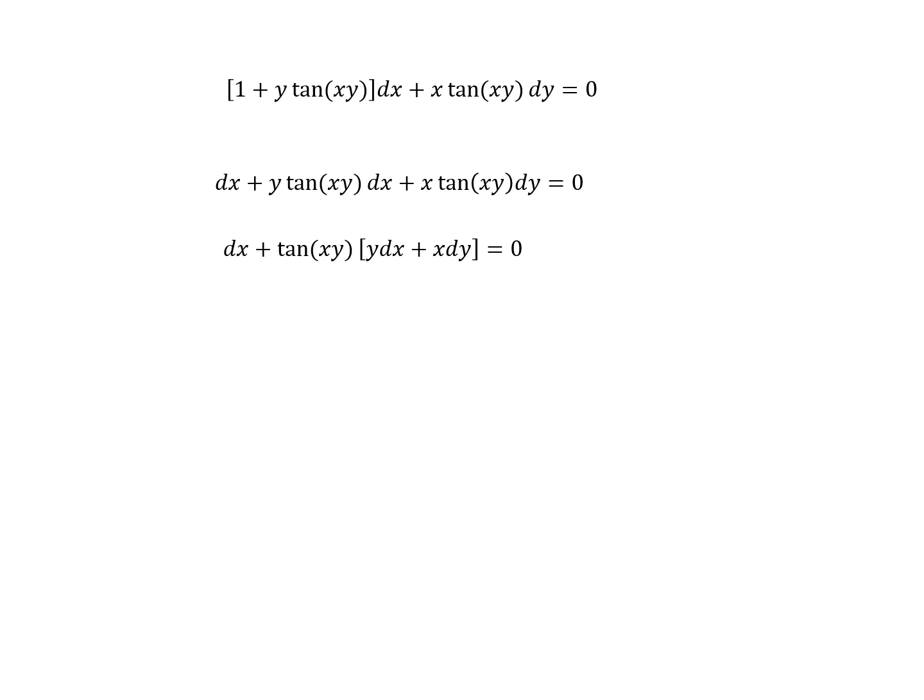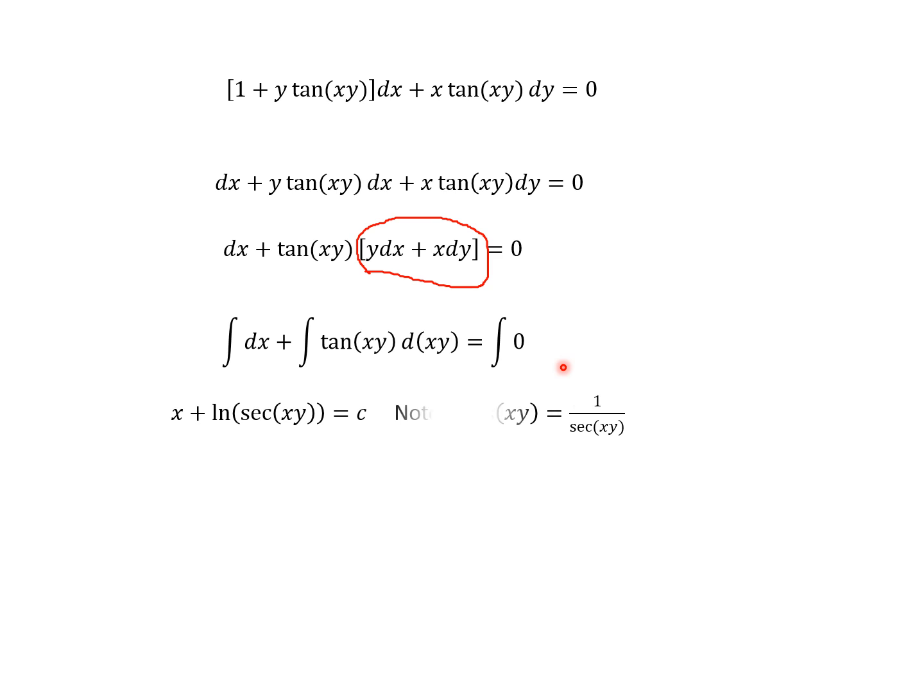Obviously, already there is a common derivative there. So you can replace that by the derivative of xy, and then finally integrating both sides, the integral is x plus ln of secant xy, this is just the integral of tan u du, equals c.